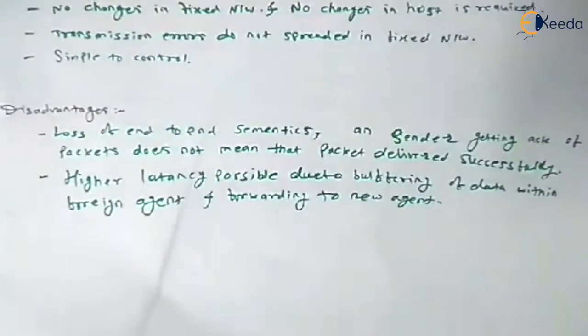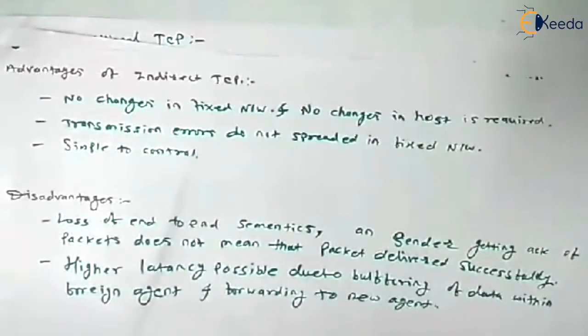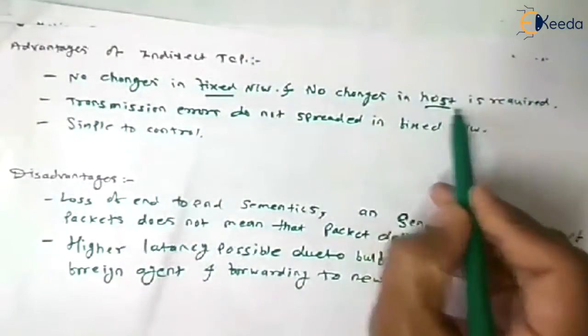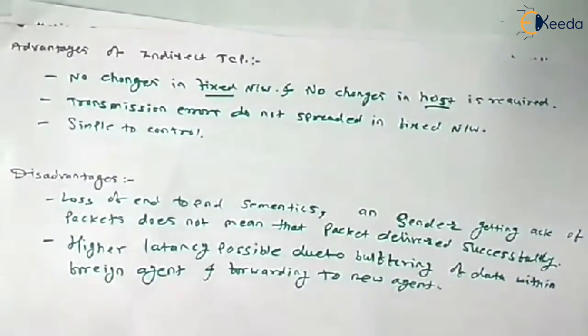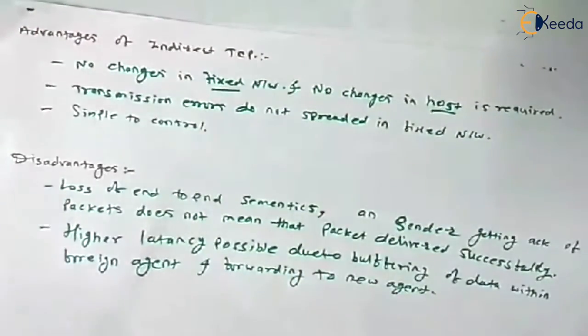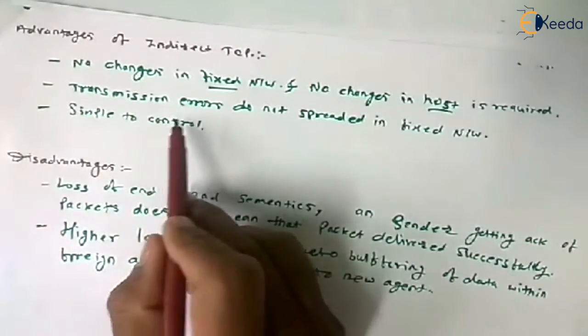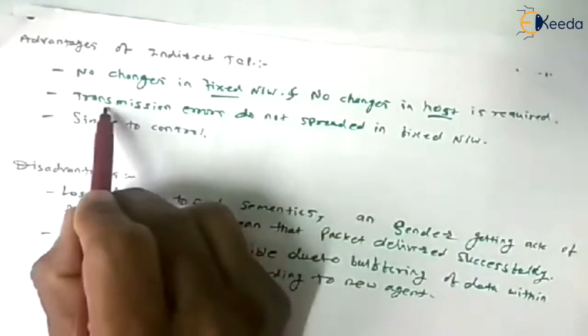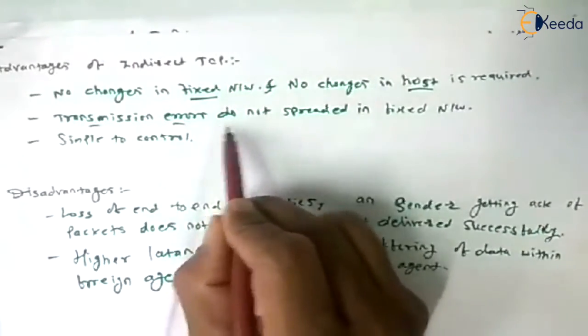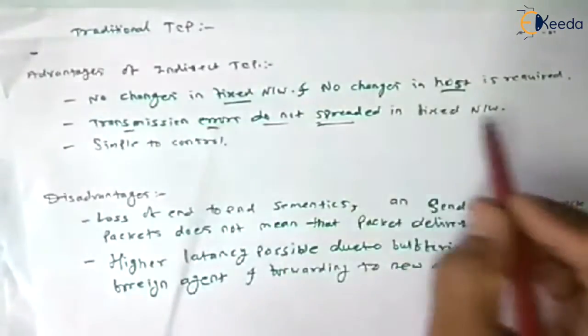Here are some advantages of indirect TCP. No changes are required in the fixed network and no changes in the host which is connected to the wired network, because millions of people are right now using that fixed network and fixed device. If some transmission errors are there in the wireless network, those errors will not spread into the fixed network.